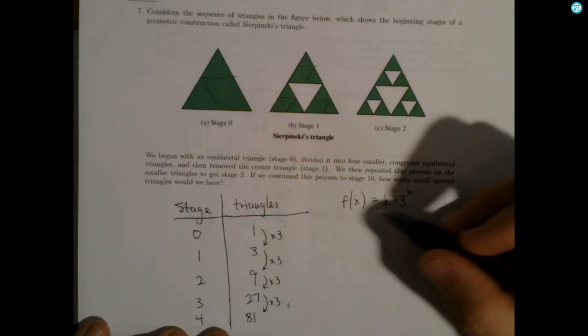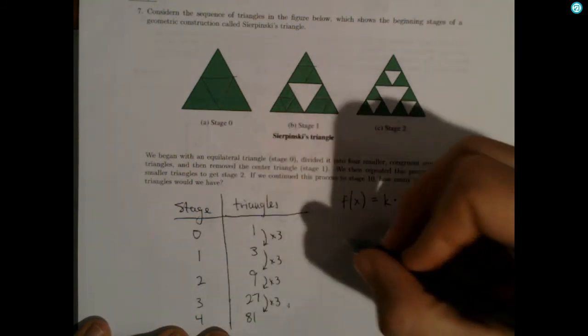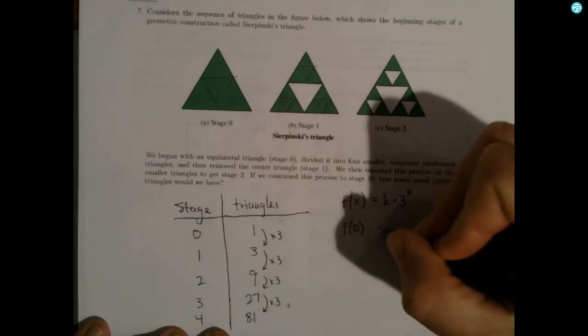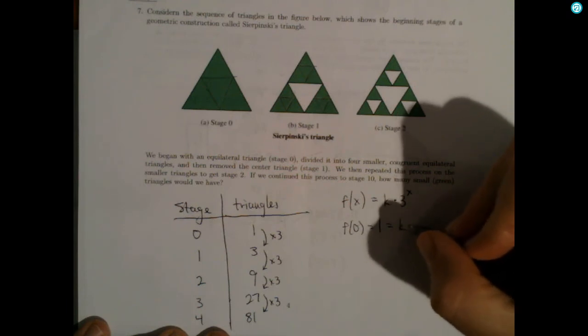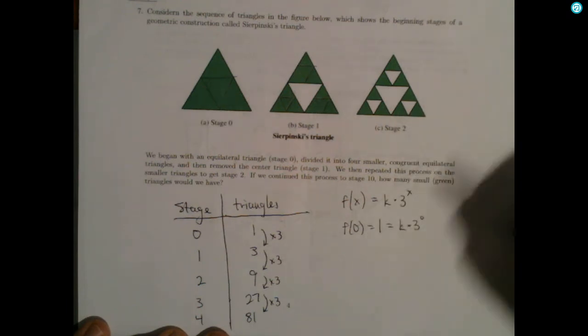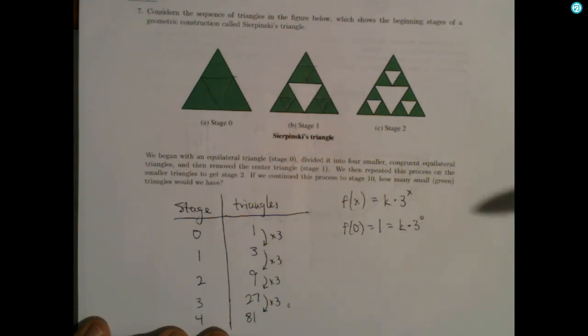If we want to find k, then we can plug in a number for x. 0 might be a good one. So f of 0, which by the way equals 1, should be k times 3 to the 0 power. What's 3 to the 0 power? 3 to the 0 power is 1.